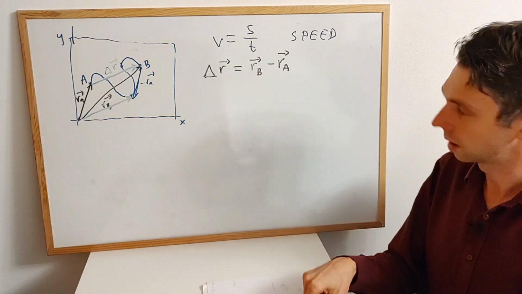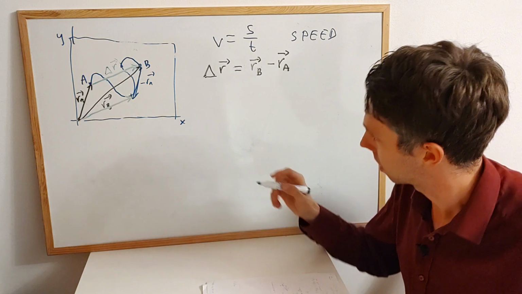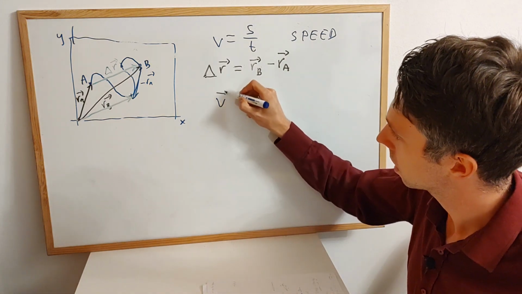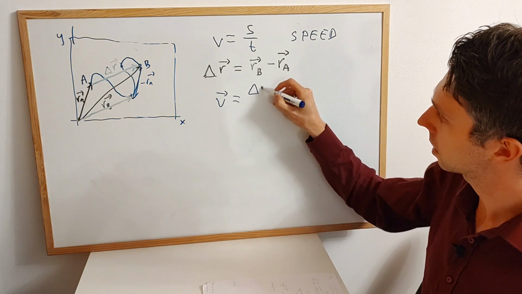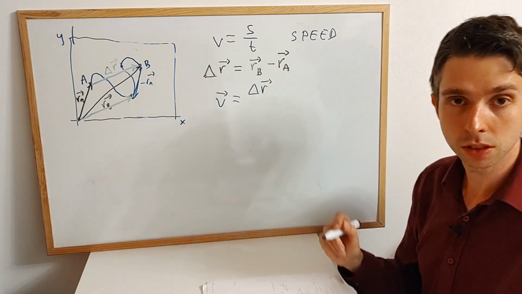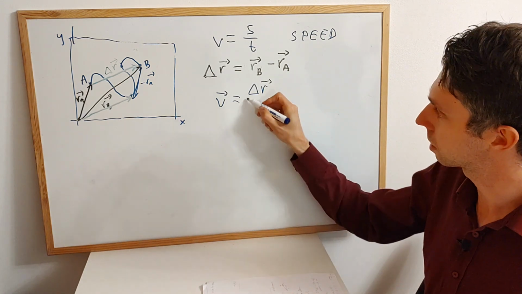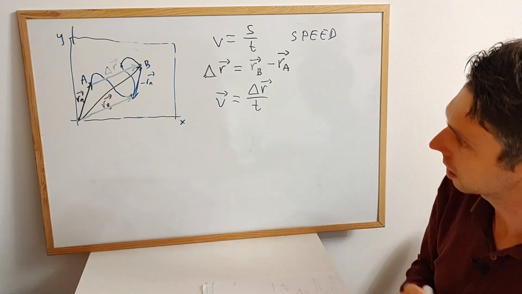So now this was speed, and now velocity. Velocity is defined as a vector, as delta r, so the change in position or displacement vector, divided by time.